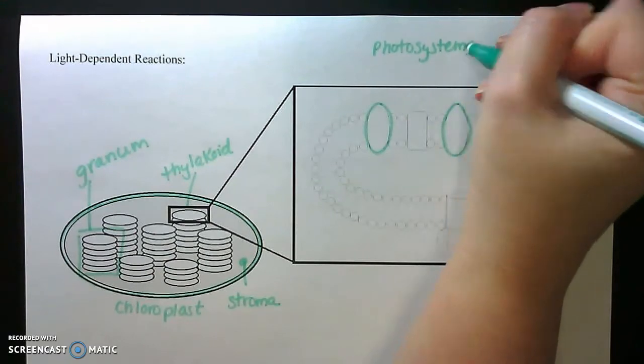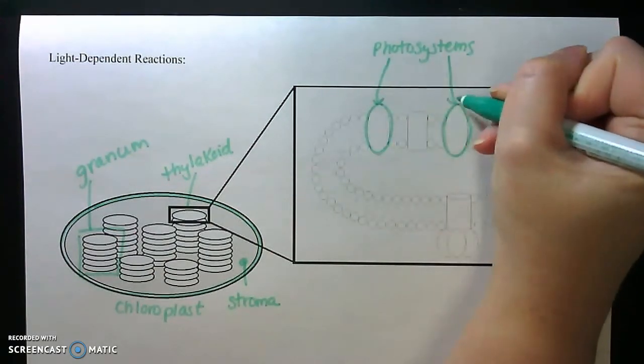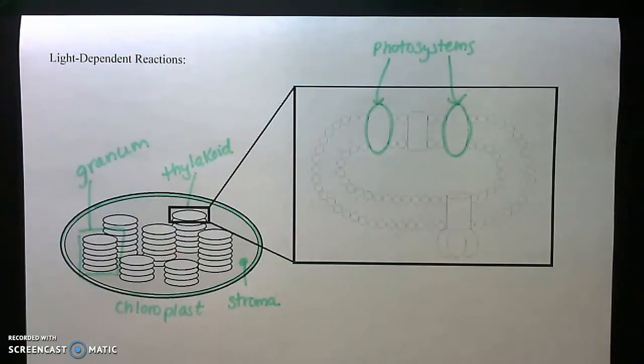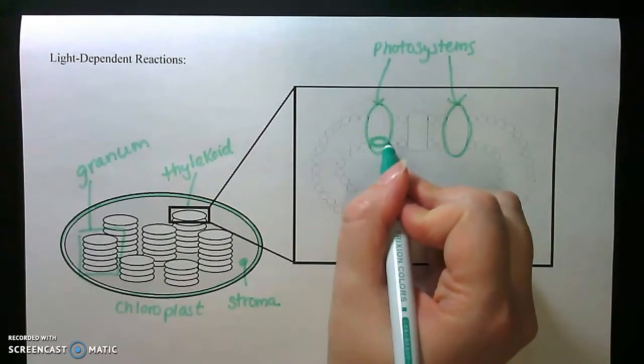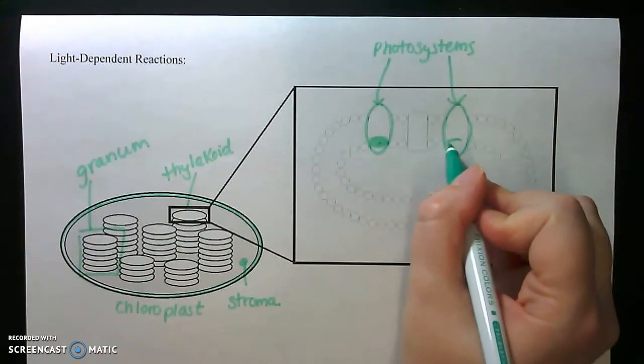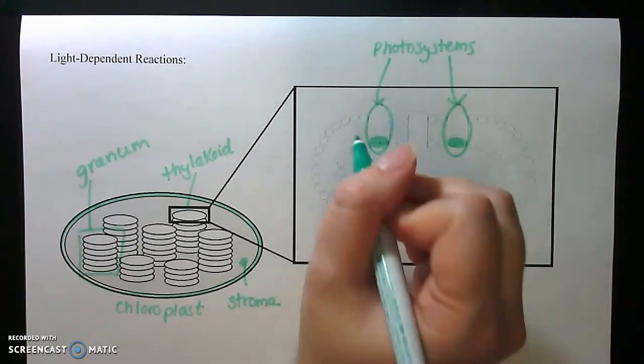And there are two of them. Inside of the photosystems, and the reason why I've color-coded them green, would be molecules of chlorophyll. So each photosystem has chlorophyll inside of it.